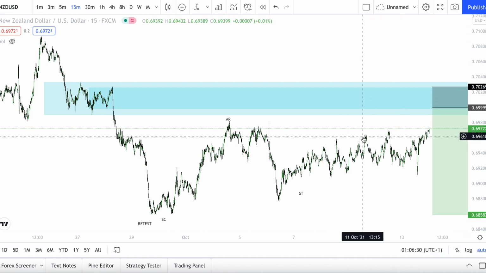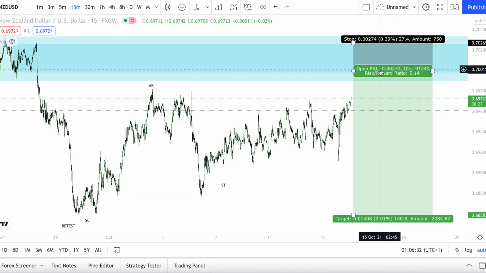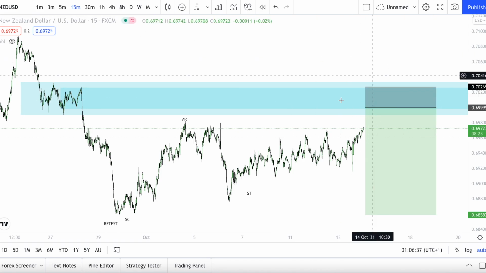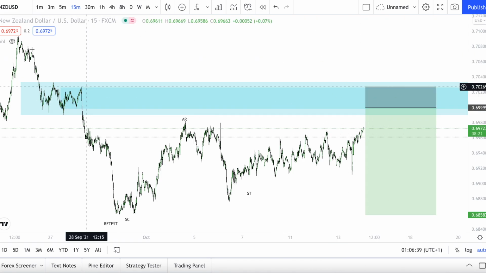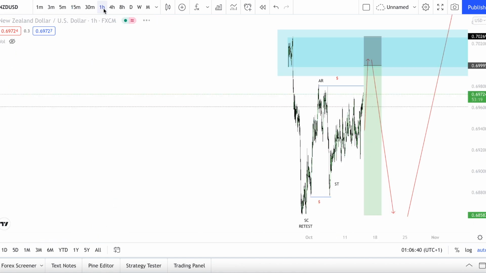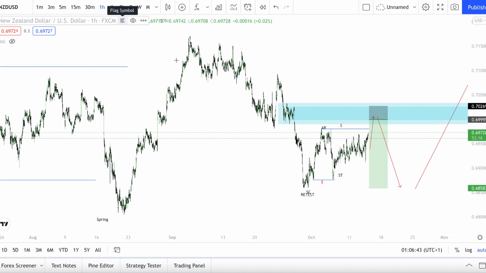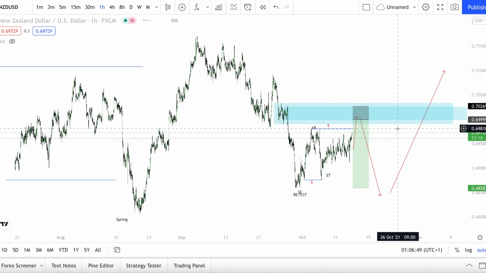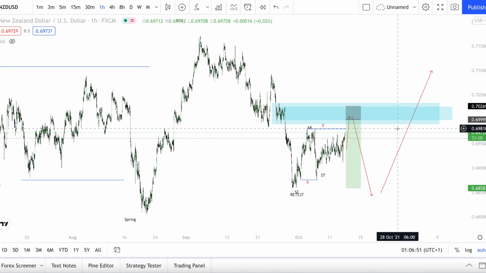But end of the day, you can increase your RRs by obviously analyzing a smaller time frame when it comes to your order block. So yeah, expect something like this. This is my view on NZDUSD.